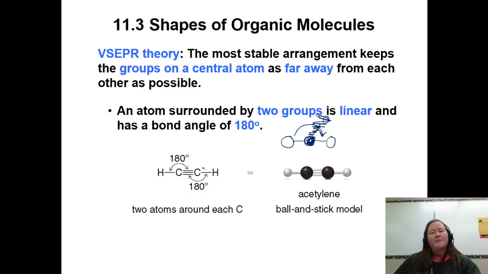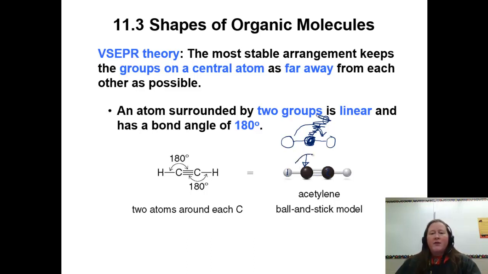So when you have two atoms stuck to one another, the bond angle between them is 180 degrees. So when we're looking specifically at this carbon, this is one thing attached, this is a second thing attached to this carbon.